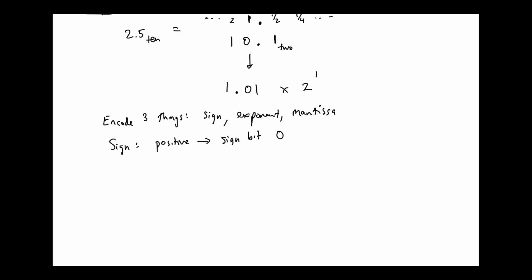Right here, I wouldn't write it that way. I would actually write a negative sign, because what I'm doing is first writing things on paper for human consumption, and we'll worry about the encoding in a second. The reason I wouldn't have written it 11.01 right there is because I wouldn't want you to think that was 3 point something.